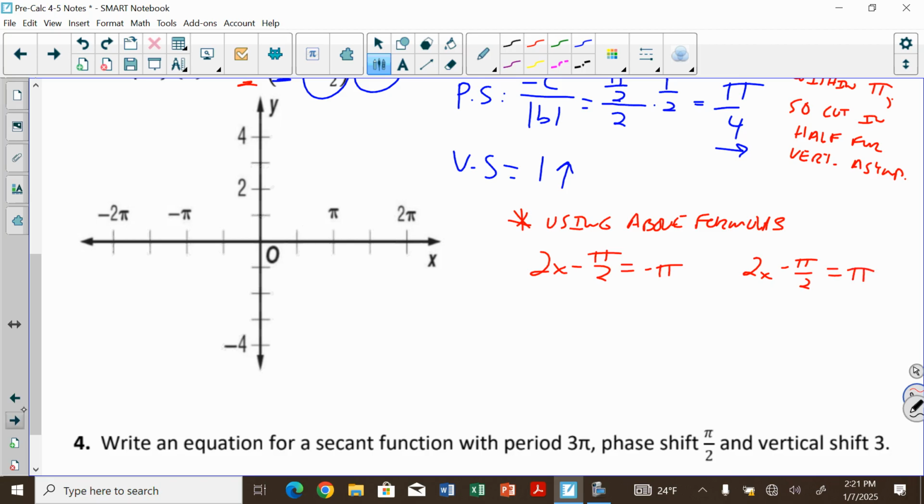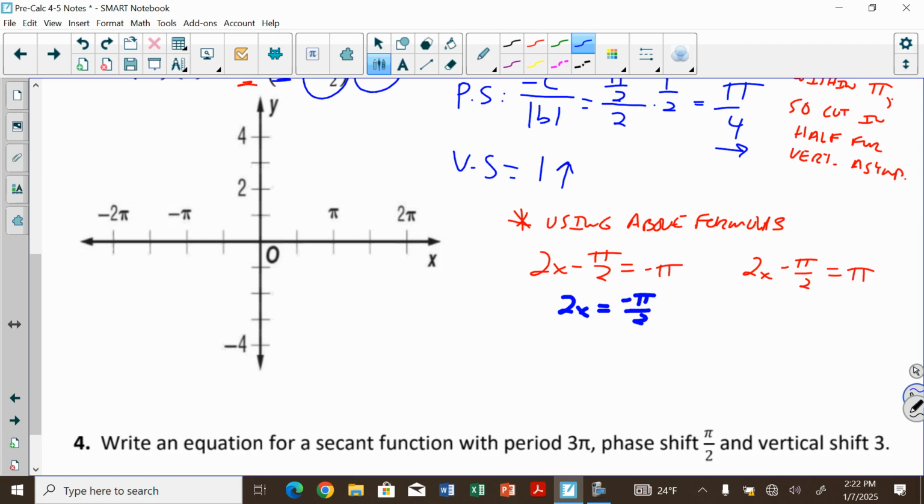And when we solve that, essentially, if I add pi over 2 here, I'm going to have 2x equals negative pi over 2.